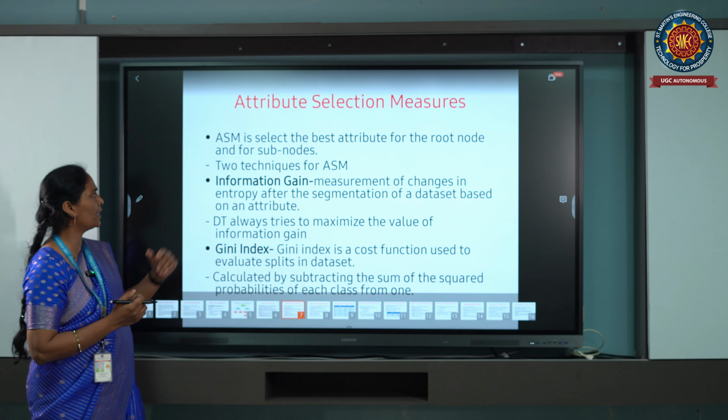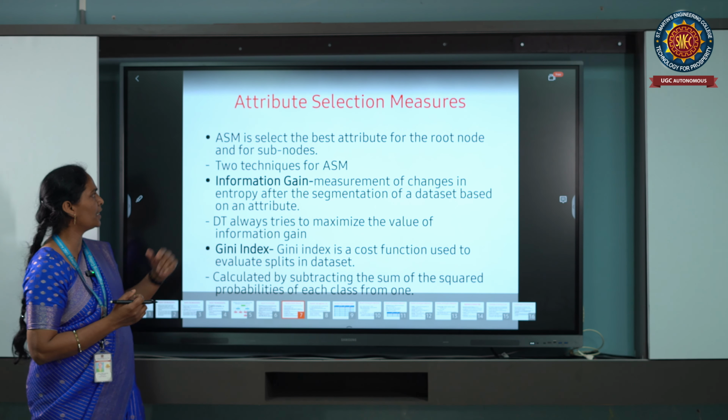And one more thing: the decision tree tries to maximize the value of information gain. Whatever information gain value it is getting, the decision tree is going to maximize it. Whereas the Gini index is a cost function used to evaluate the split of the data sets.